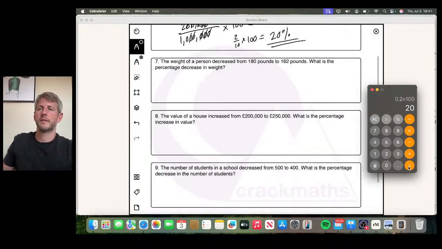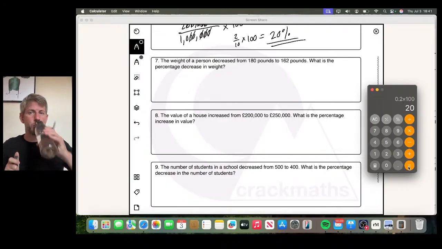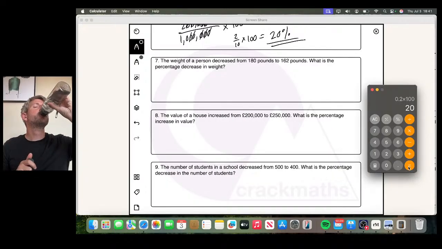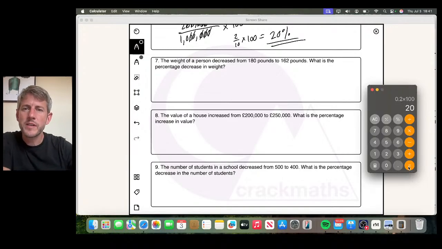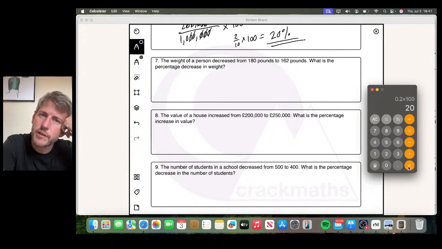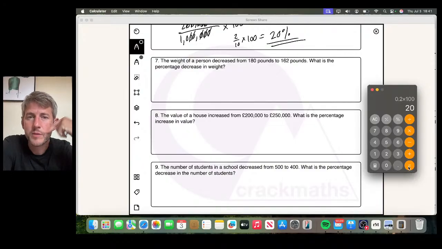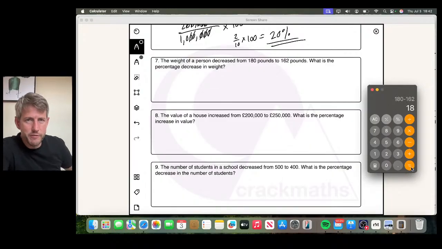Right. Let's have a look at this next one. This question says, the weight of a person decreased from £180 to £162. What is the percentage decrease in weight? Okay, so 180 take away 162 is a decrease of 18.